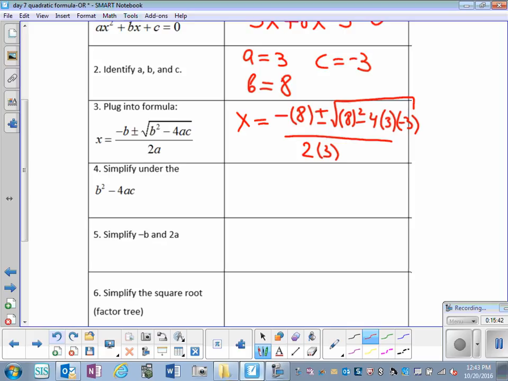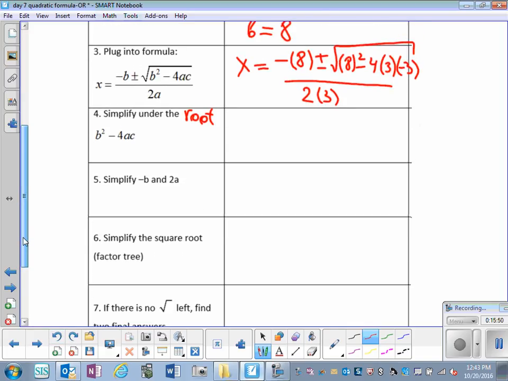Okay, so let's simplify what's under the square root. So I'll just rewrite x equals negative 8 plus minus square root, and then what do I have here? 8 to the power of 2 is 64, and then minus 4 times 3 times negative 3.